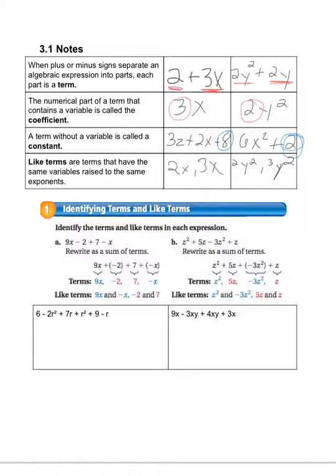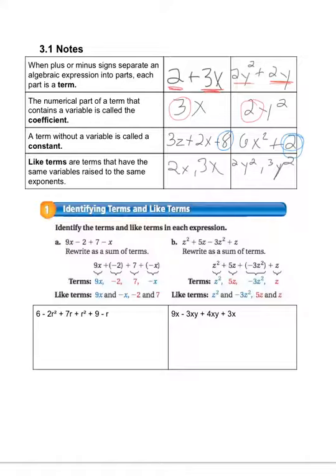Now that we understand our new vocabulary, let's try identifying terms and like terms by looking at this practice expression. We have 6 minus 2r plus 7r plus r squared plus 9 minus r.